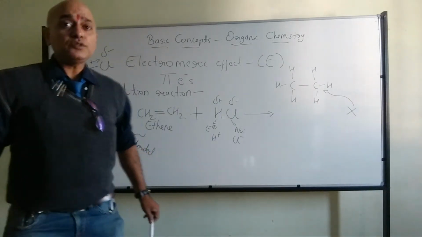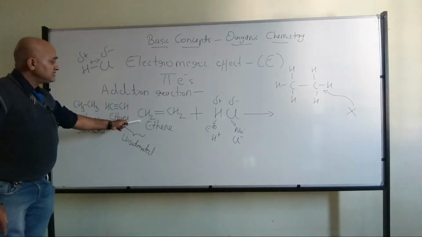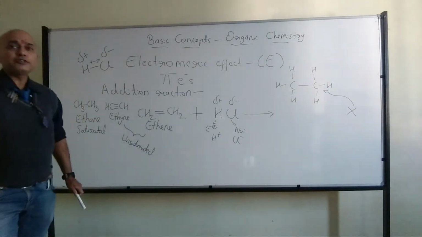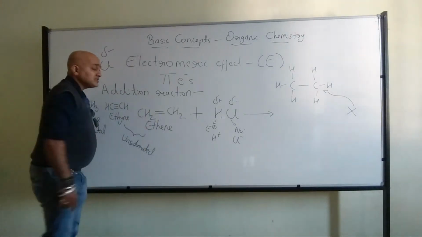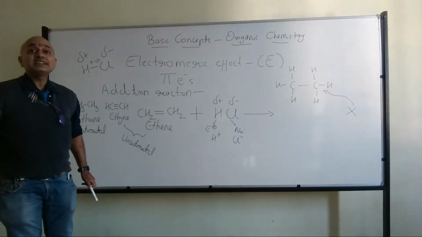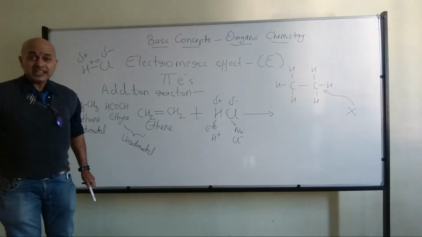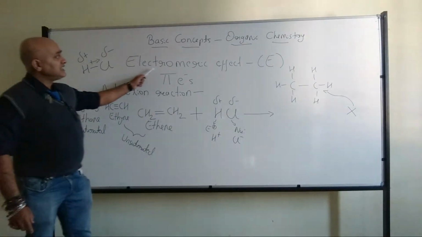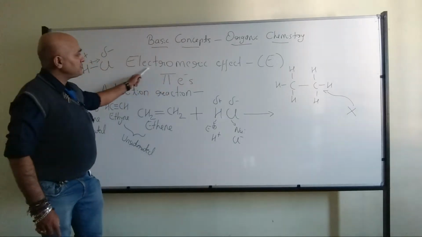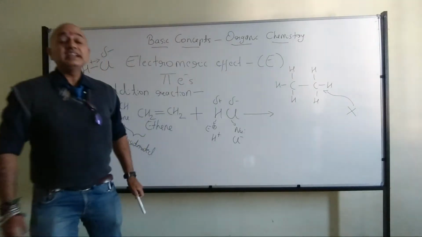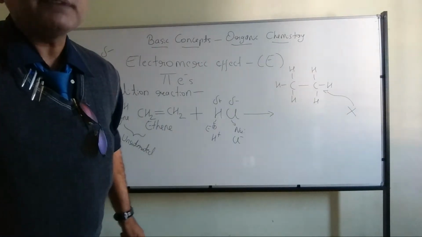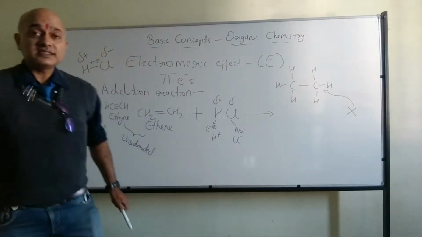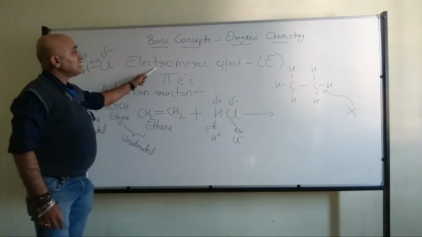Addition reaction is only with respect to unsaturated hydrocarbons, since they are having pi electrons which can be displaced easily, and that displacement of the pi electron is called electromagnetic effect.